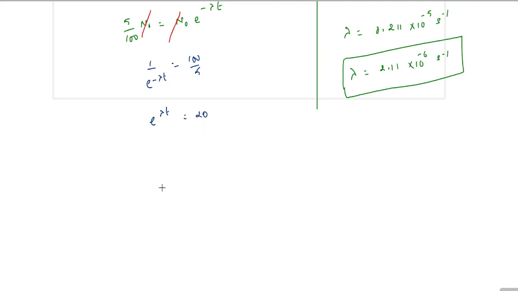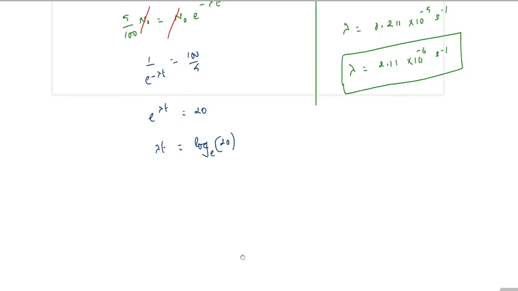Now we need to solve it using logarithm, and always use natural logarithm. It will be given in the examination hall. Just ask for the natural logarithm. Then you can write this as lambda T is equal to log of 20 to base e. This is natural logarithm.